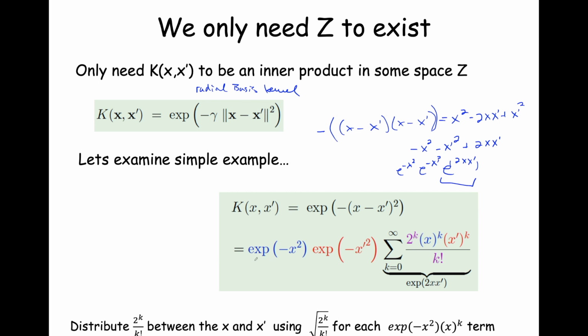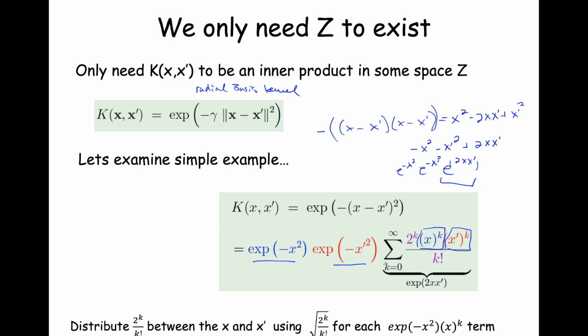The x version of these terms is in blue, and the x prime version is in red. So here we have e to the minus x squared, that's x version. We have x to the k power, that's x version. And for the x prime version, we have e to the minus x prime squared, and we group that with x prime to the k power.